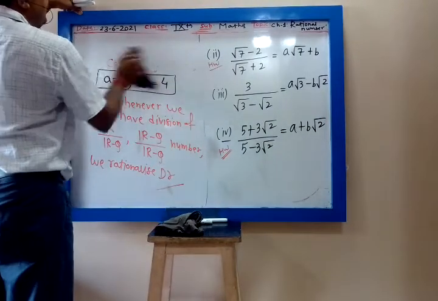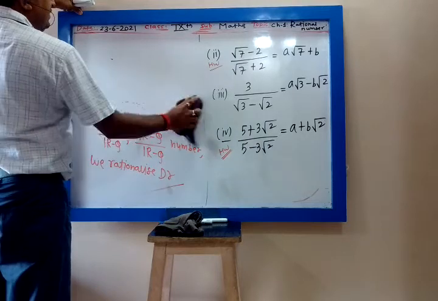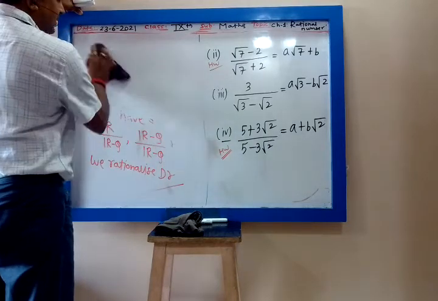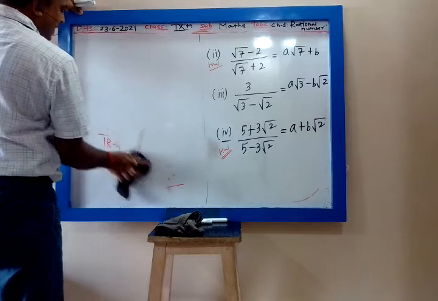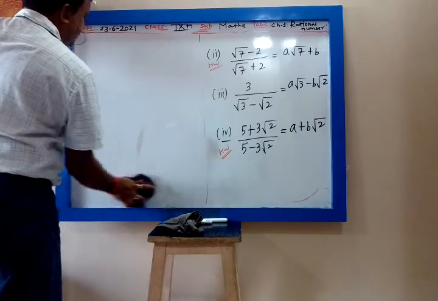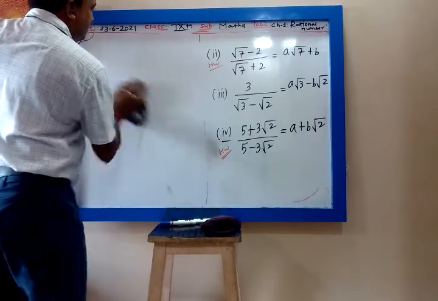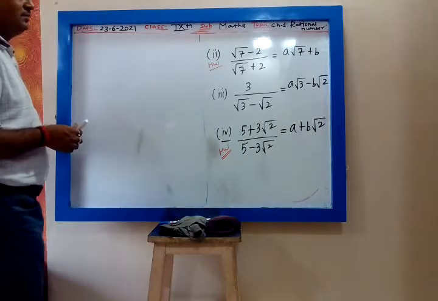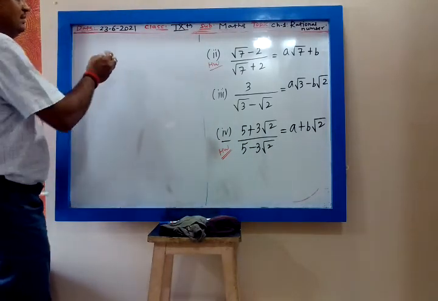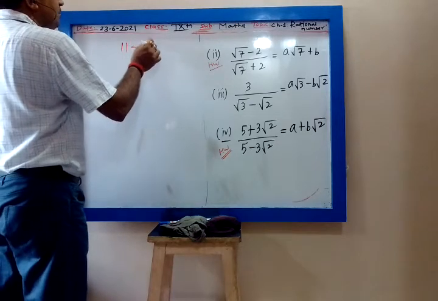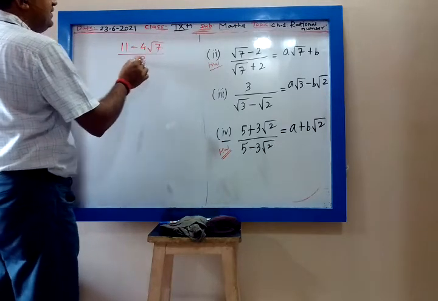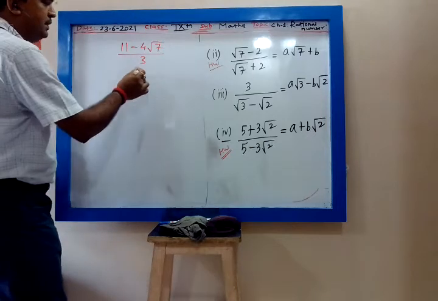Keep the same number. That number you cancel with the numerator. If the denominator is not cancelling, suppose you are getting 11 minus 4 root 7 upon 3, correct? Then use the basic rule.